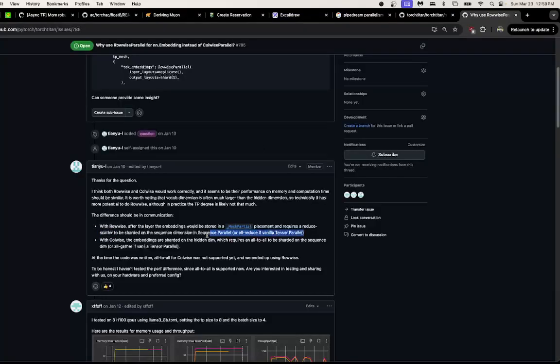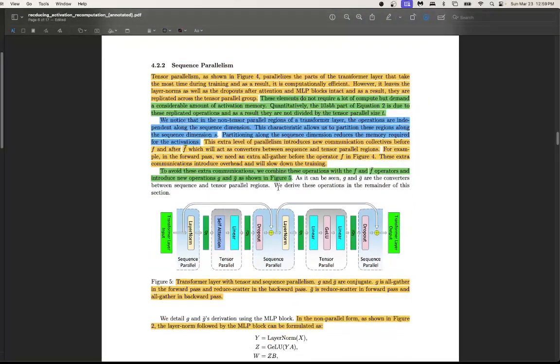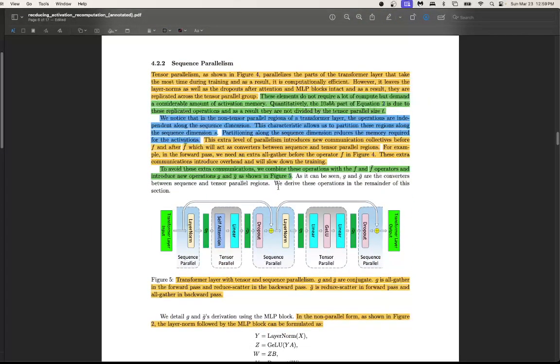So I wanted to understand what he was talking about here, why it's reduce scatter. And this paper, I think, is essentially what they're implementing. Maybe not exactly, but it seems to align with what is described in this paper.